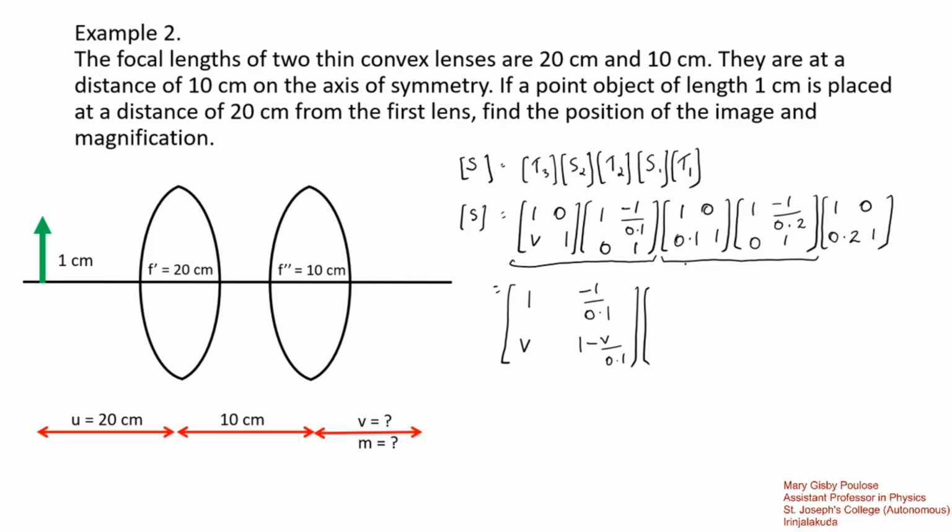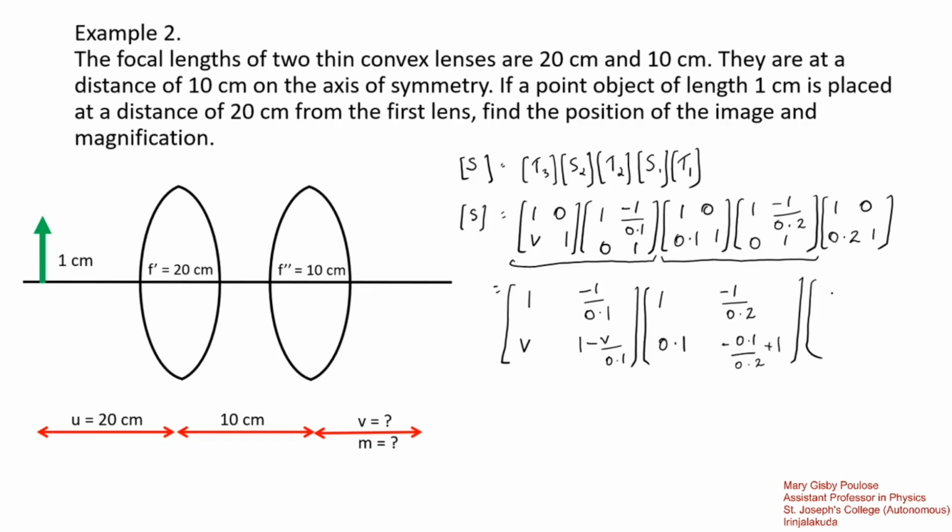Now the next product will be the product of these two terms. That is 1 minus 1 by 0.2, right? And this term is 0.1, and the next term is 0.1 minus 0.1 by 0.2 plus 1, right?